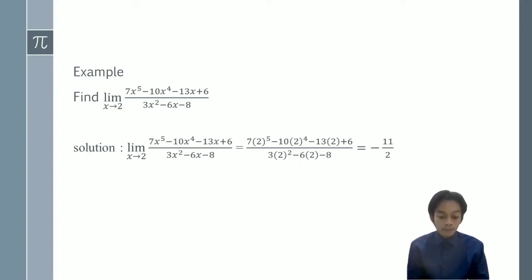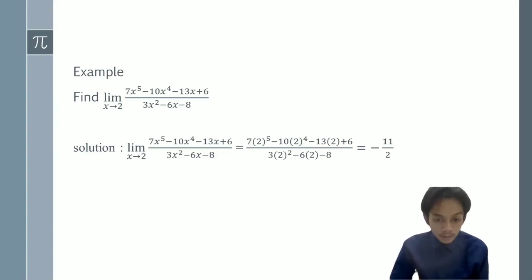Now, to solve this problem, we just substitute x equals 2, and then the problem is equal to minus 11 over 2.